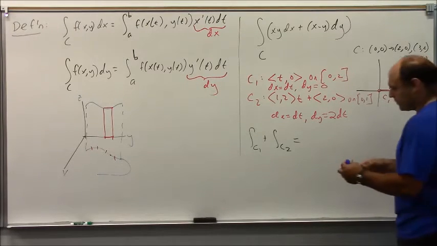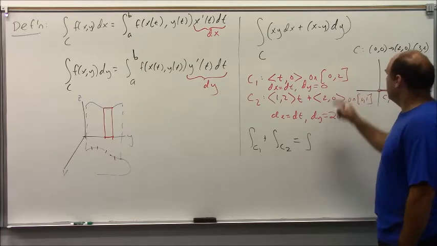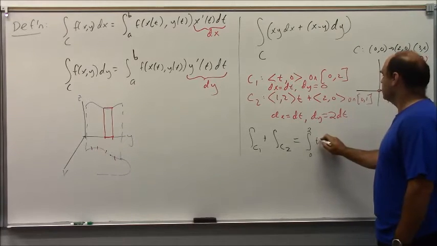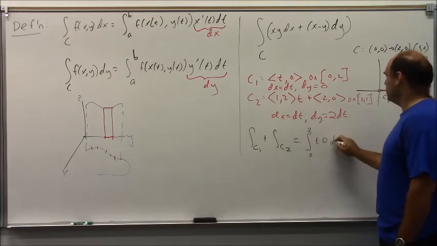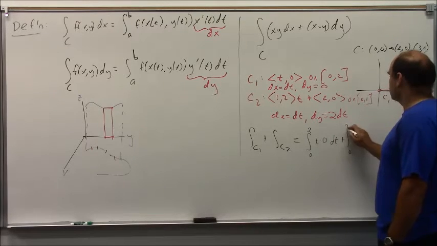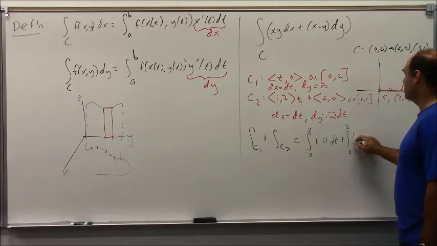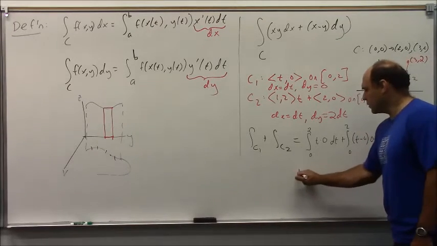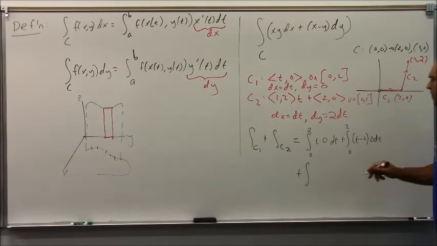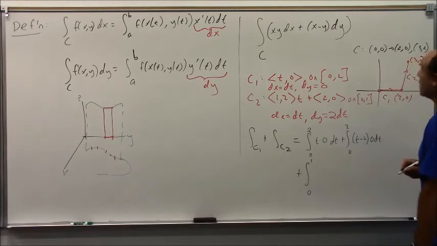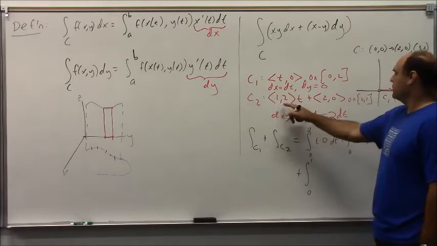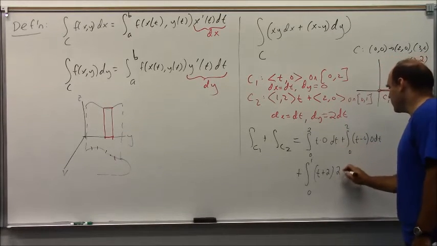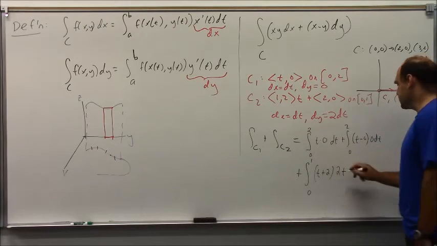Okay, so my path integral over C1, that's going to be the integral as t goes from 0 to 2 of x times y, t times 0, dx, which is dt, plus x minus y, t minus 0, dy. There's C1. For C2, I have t ranging from 0 to 1, and I will have x times y, so x is t plus 2, times 2t, that's the y, times dx, which is dt.